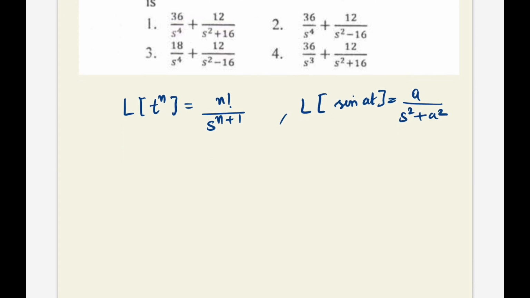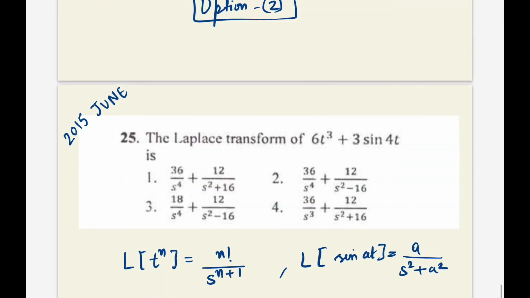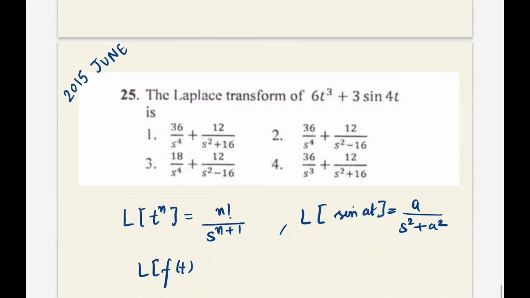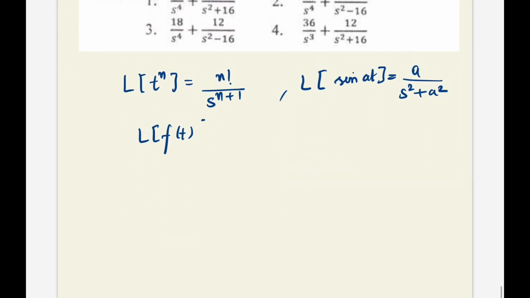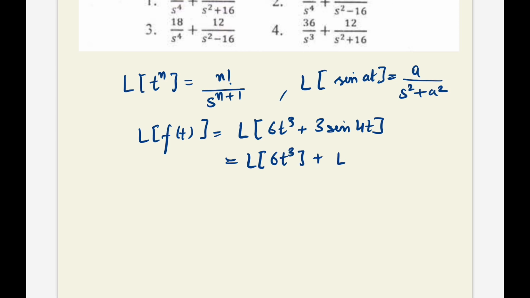Now the solution goes like this: L of f(t). f(t) is our given function, I am taking this to be f(t), that is 6t cube plus 3 sine 4t. By using the linearity property, that is L of 6t cube plus L of 3 sine 4t.